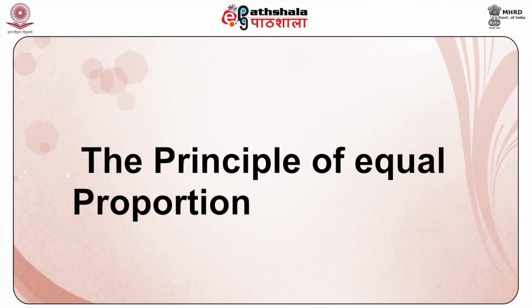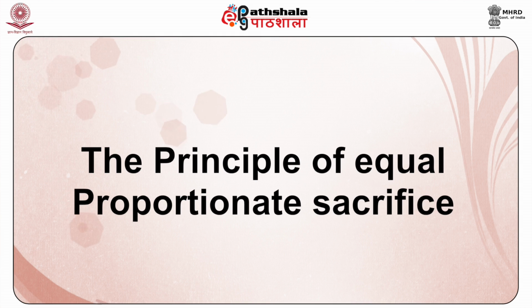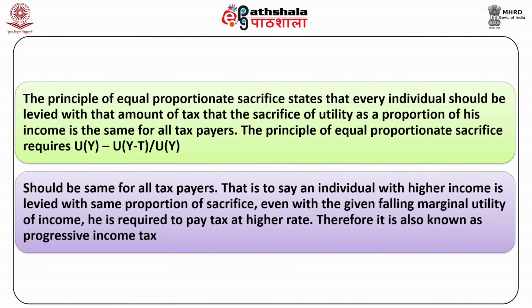Second, the principle of equal proportionate sacrifice. The principle of equal proportionate sacrifice states that every individual should be levied with the amount of tax such that the sacrifice of utility as a proportion of his income is the same for all taxpayers. It requires that [U(y) minus U(y minus t)] upon U(y) should be the same for all taxpayers.